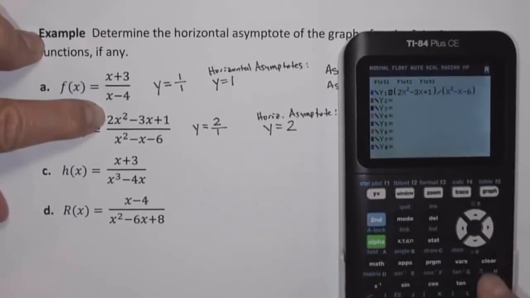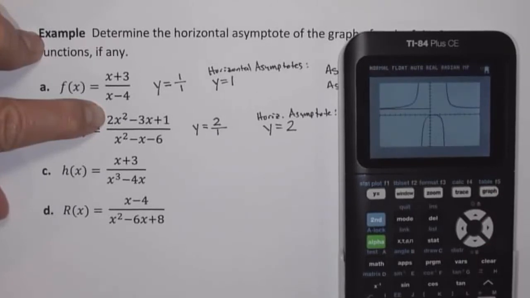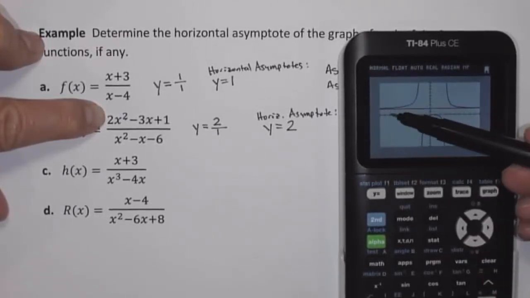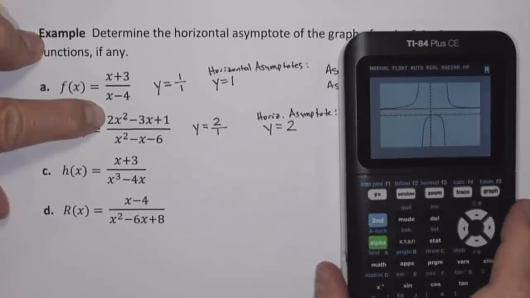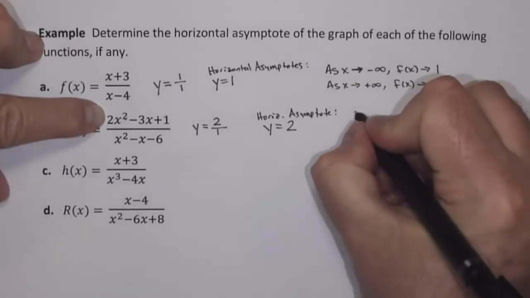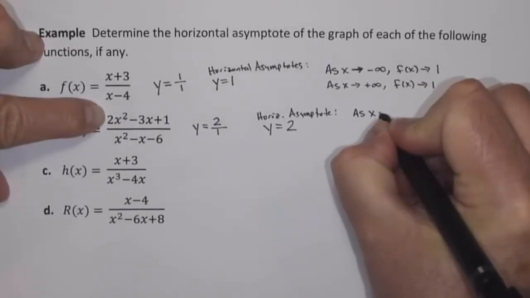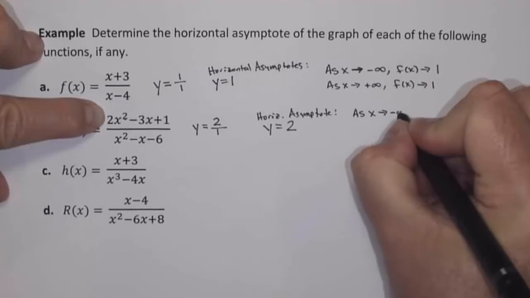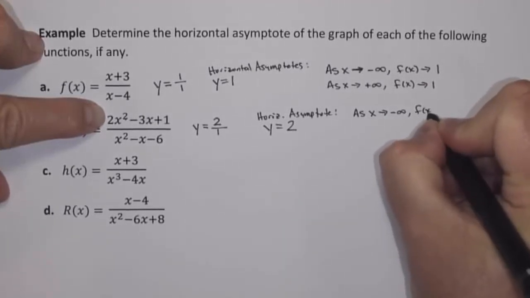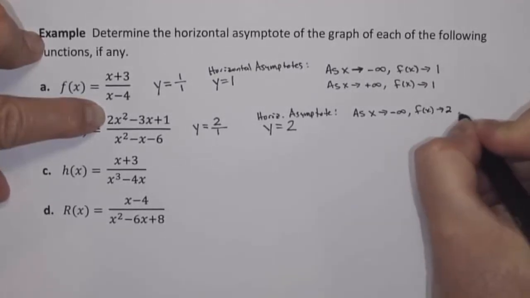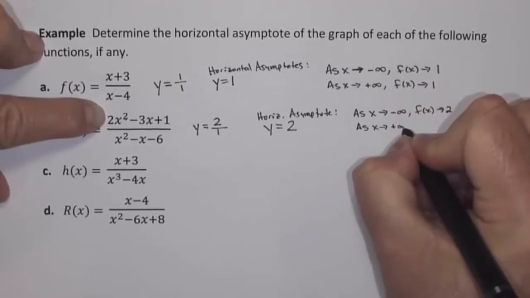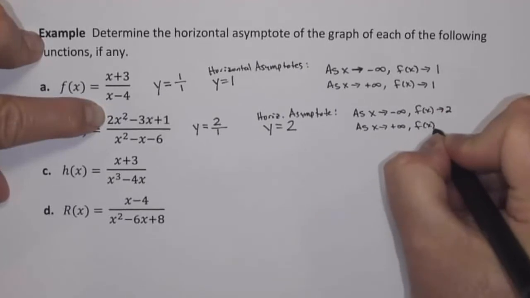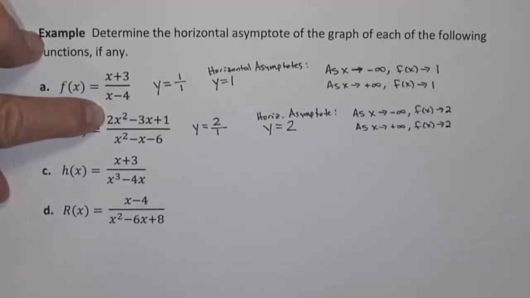Let's go and graph the horizontal asymptote, y equals 2 as well. So we can see the horizontal asymptote. The graph, as we go this way, is getting closer and closer to 2, and the same is happening in the other direction. So I could say as x is going to negative infinity, f of x is going to 2. It's getting closer to 2. And as x goes to positive infinity, f of x gets closer to 2.